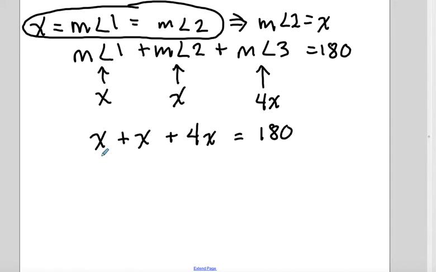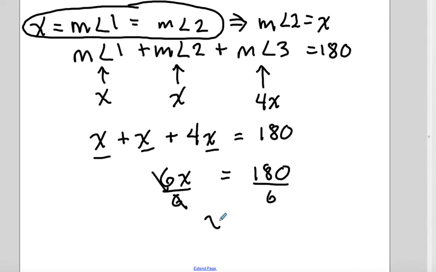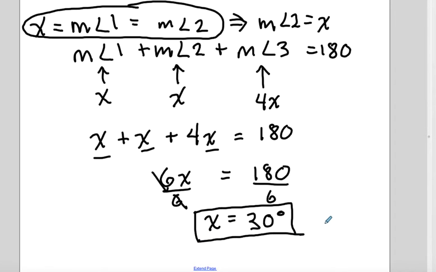And now, since all of these are like terms, I can combine the three terms: x plus x plus 4x gives me 6x. 6x equals 180 degrees. Dividing both sides by 6, I get x equals 30 degrees. And since the question only asked me to find the value of x, that's my final answer here.